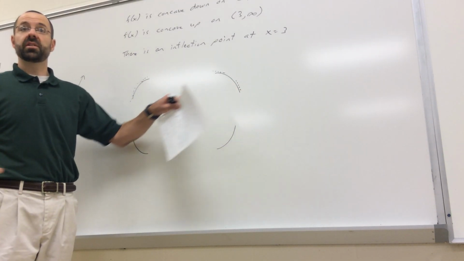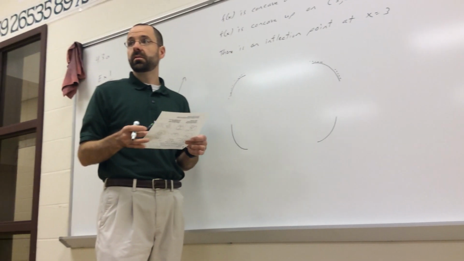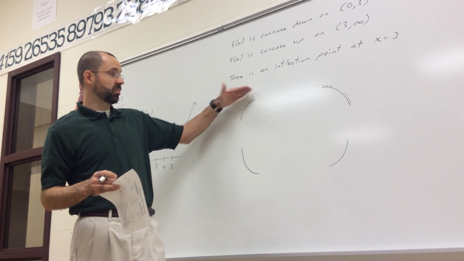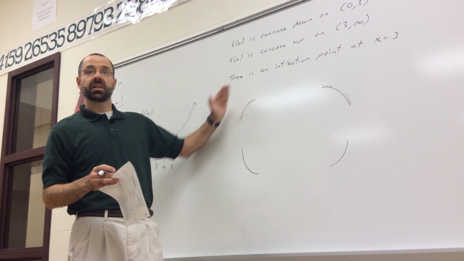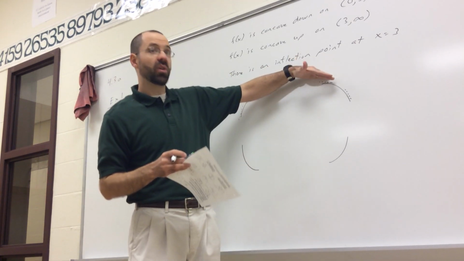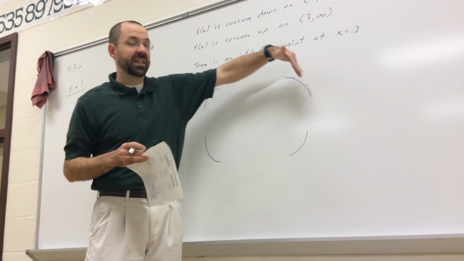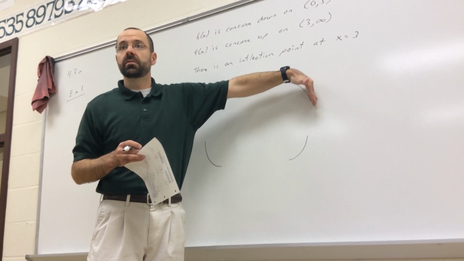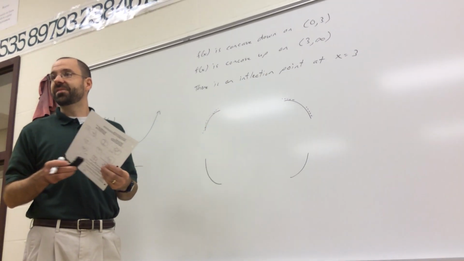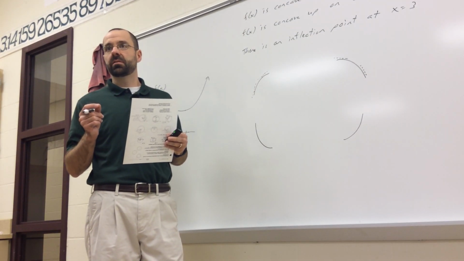So in both scenarios, the slope is ending up less than it was. Big positive, smaller positive. So the slope is becoming less. And here's a small negative and a big negative. So the slope is becoming less. So when a graph is concave down, the slope is decreasing.